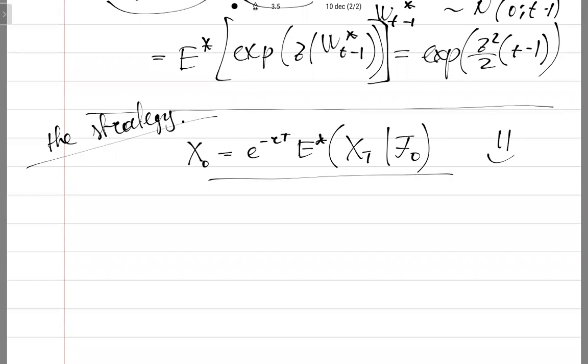It's up to you. But I have a question. Should we take at first everything that is non-random out of the expected value and then calculate? Or should we try to make a martingale inside of the expected value, and then calculate? We are in a free country. You can use martingale properties.